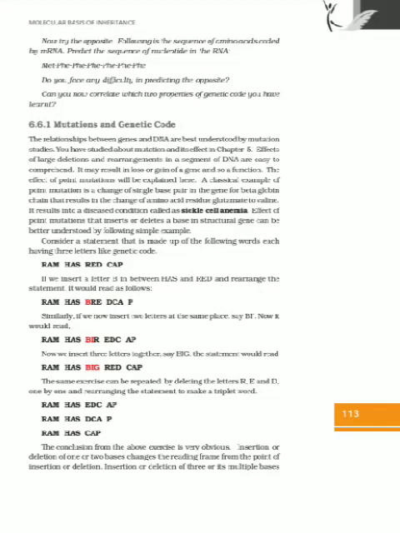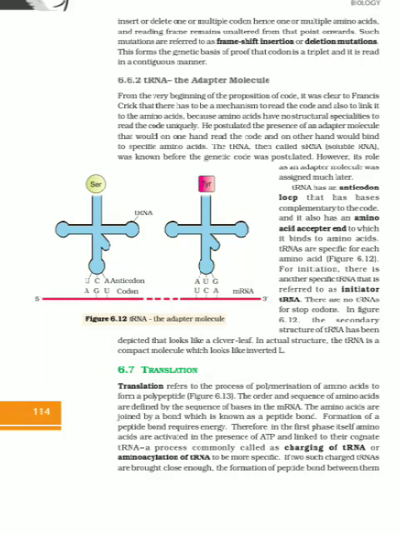Insertion or deletion of three or its multiple bases inserts or deletes one or multiple codons, hence one or multiple amino acids, and the reading frame remains unaltered from that point onwards. Such mutations are referred to as frameshift insertion or deletion mutations. This forms the genetic basis of proof that the codon is a triplet and it is read in a contiguous manner.